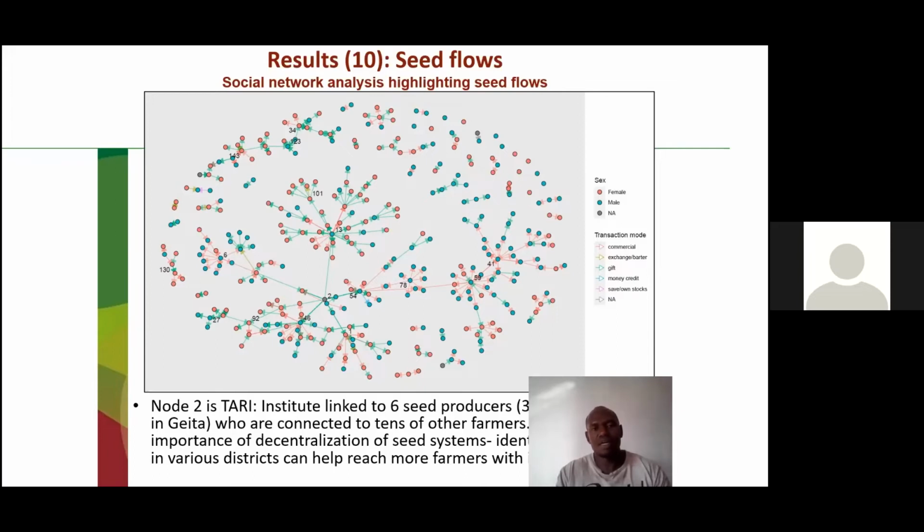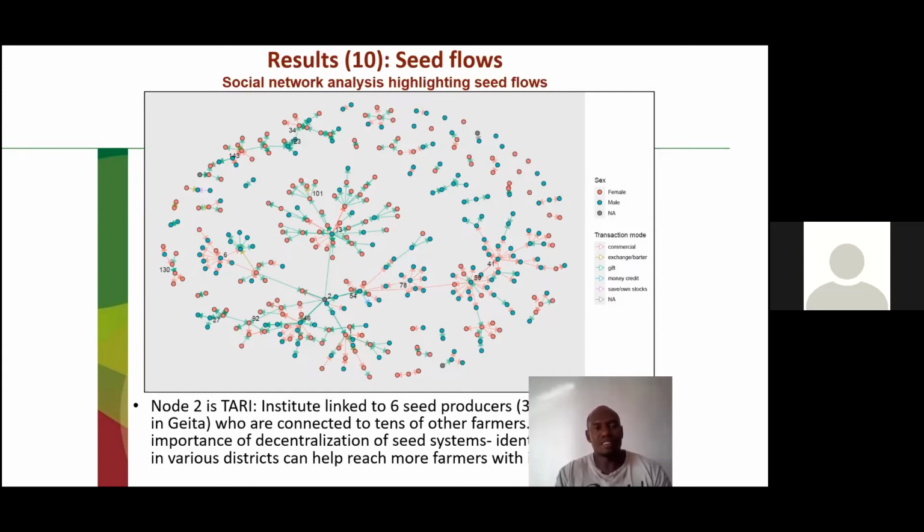I will begin with Node 2, which is the Tanzania Agricultural Research Institute, TARI, where breeding for new varieties is done, and where pre-basic seed of improved varieties is produced, and see how TARI is linked to the rest of the network. From this, we saw that TARI is linked, in the survey area, to 3 farmers or 3 respondents in Geita district and 3 in Bukombe district.